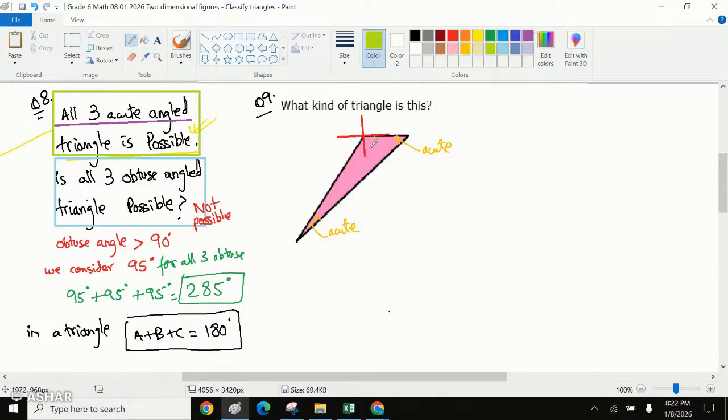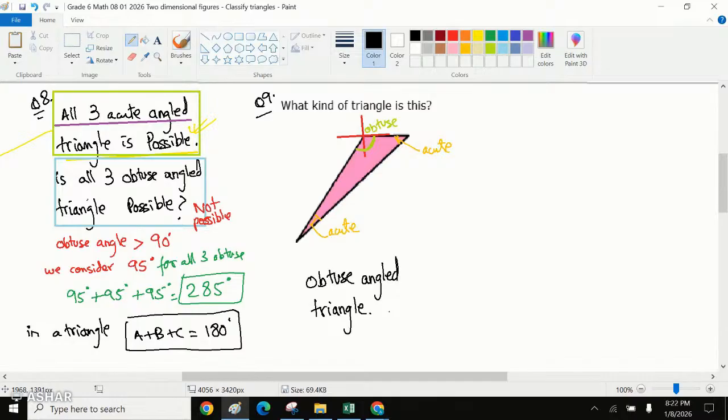This would be acute, this is right, and this would be obtuse. So we can say this angle is obtuse. If even one angle is obtuse, then the entire triangle would be an obtuse angled triangle, right?